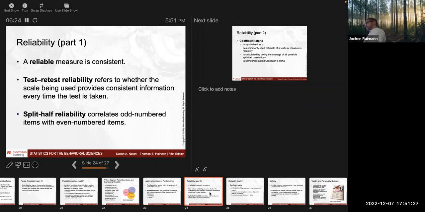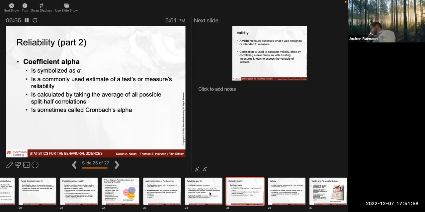Now in a perfect world with a reliable survey, the odd questions and the even questions would get you to the same result. So the results of these two sets of questions should yield the same insight. If that correlation is not given, then you're looking at a non-reliable test.